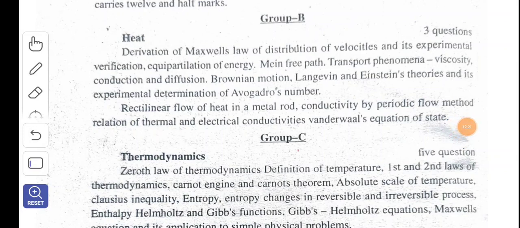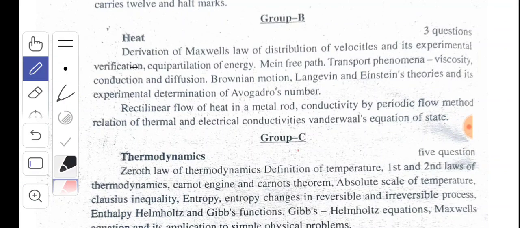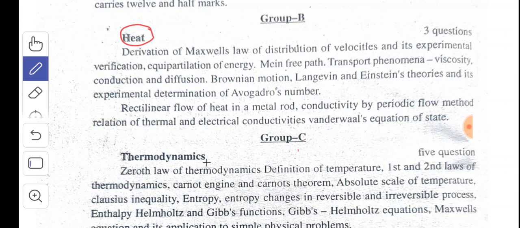Now we are going to see the detailed syllabus of paper 2. In paper 2 there is heat and thermodynamics. In group B there is heat.